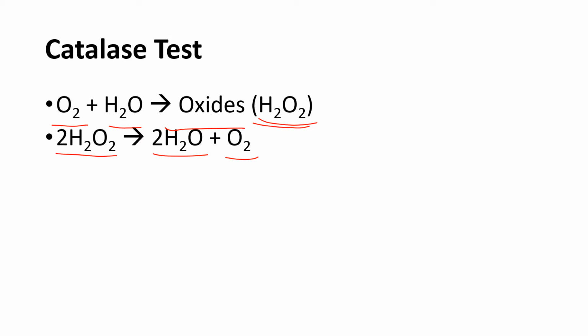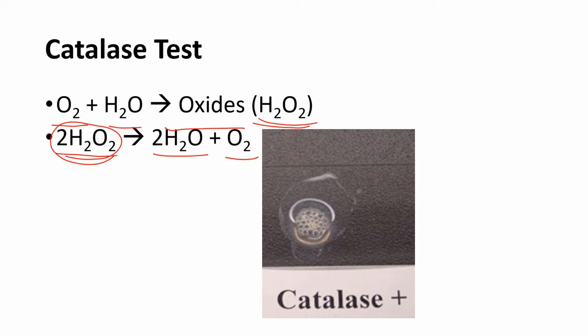For this test, you would have taken a colony of bacteria, placed it on one of the slides, and added a drop of hydrogen peroxide. You can see a little bit of yellow in the center of the colony. If bubbles form, that is the oxygen gas.